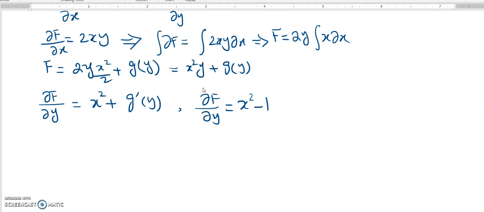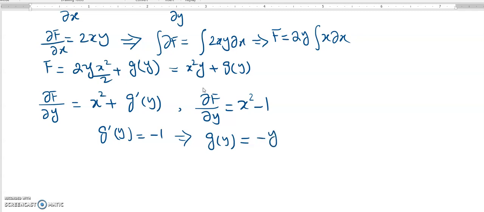So for these two equalities to hold true, g prime of y should be equal to minus 1. If g prime of y is equal to minus 1, then g of y will be equal to minus y from the integration.